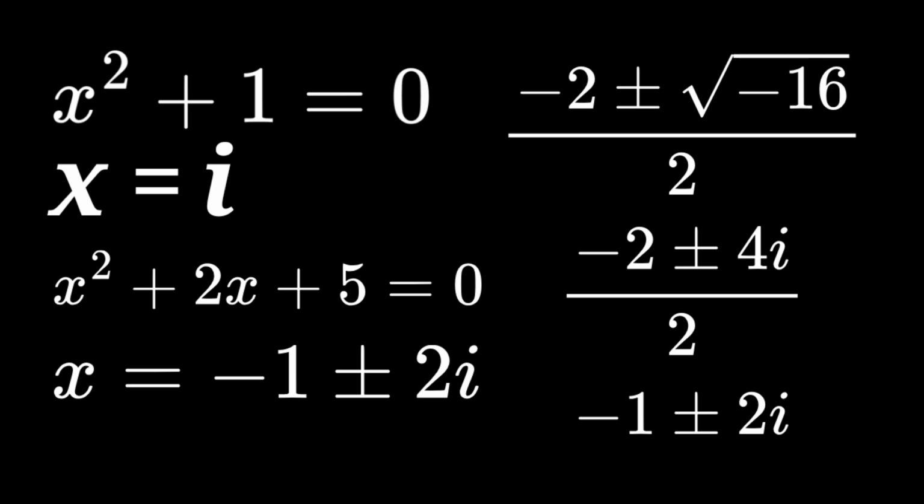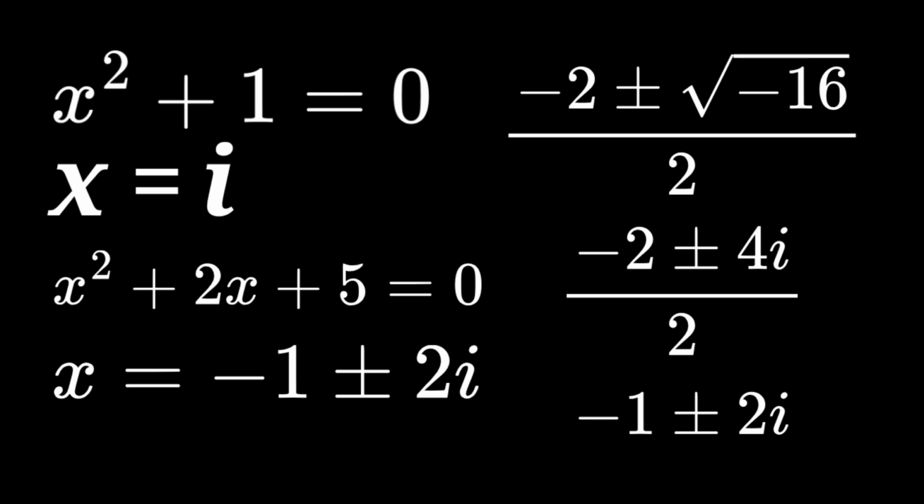Now, we know that i equals the square root of negative 1, where i is the imaginary unit. So, we can write the square root of negative 16 as the square root of 16 times minus 1, which is root 16 times root minus 1, or 4 times i.